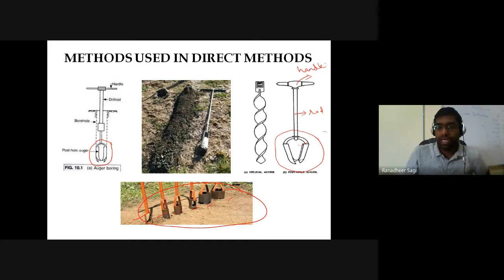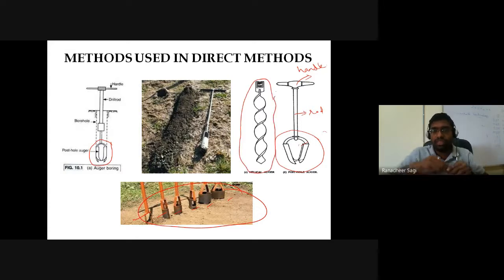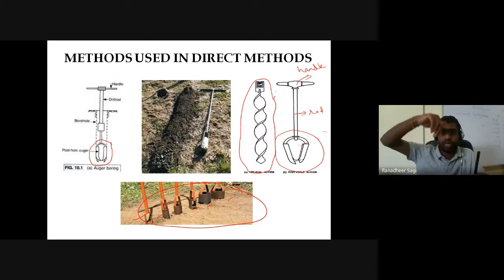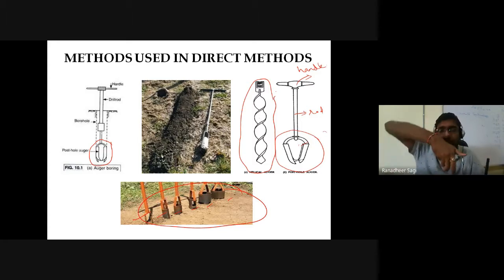This is one way. And the other way, in the case of your hand auger, is the helical auger. You have a connecting rod with a kind of helical blade. That helical blade cuts the soil which comes in contact with it while you are pushing the helical blades into the ground. In the process of rotating the helical auger, the soil in the surroundings gets sheared, and along the curved surface of the helical auger, the soil adheres or sticks to that surface.